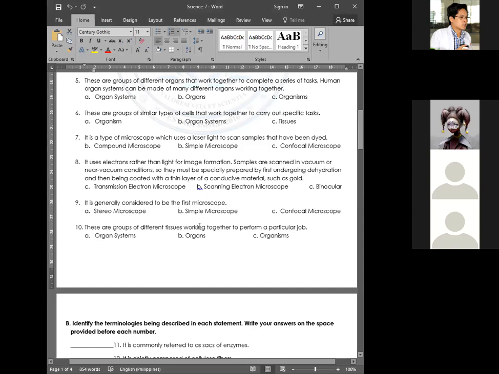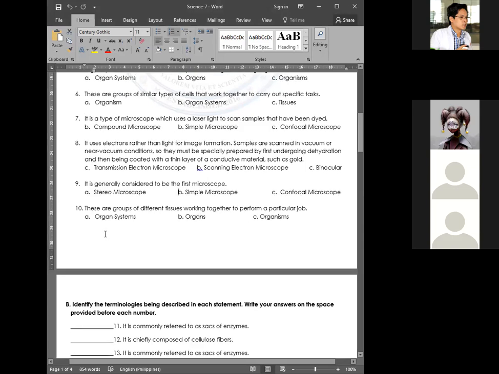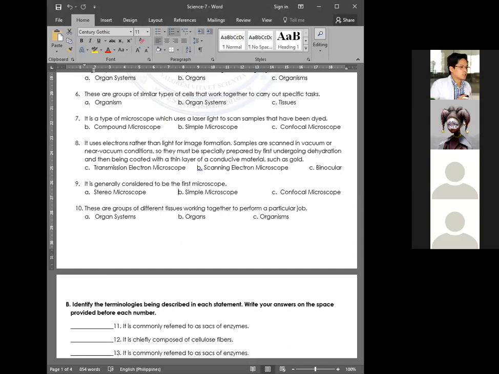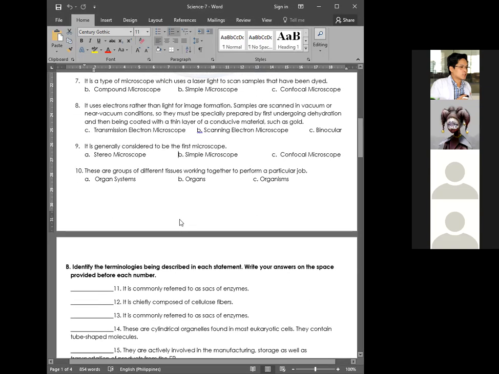Okay, simple microscope is just a magnifier. These are groups of different tissues working together to perform a particular job. If you group tissues, it will form organs. Correct. Letter B, organs.